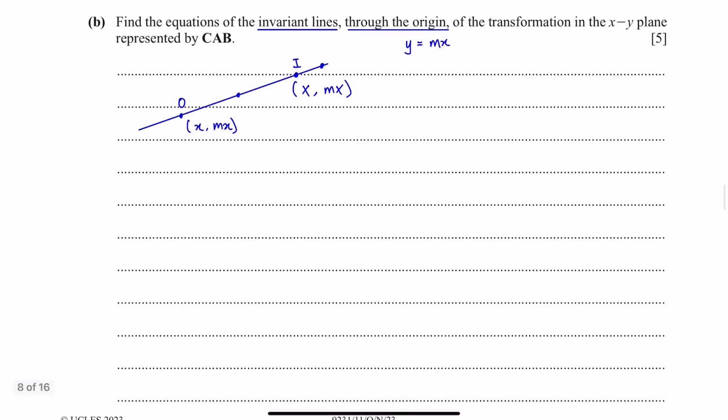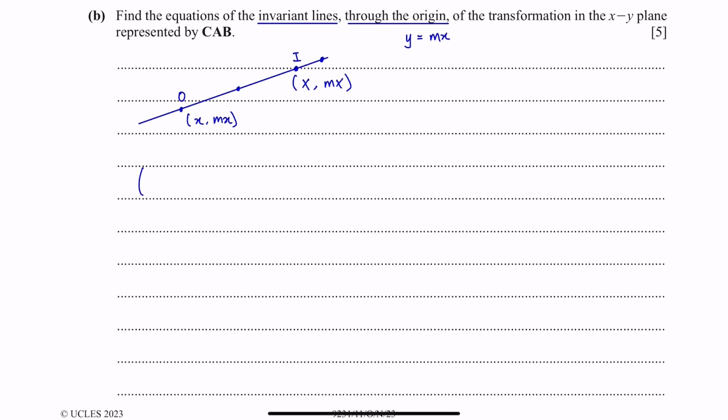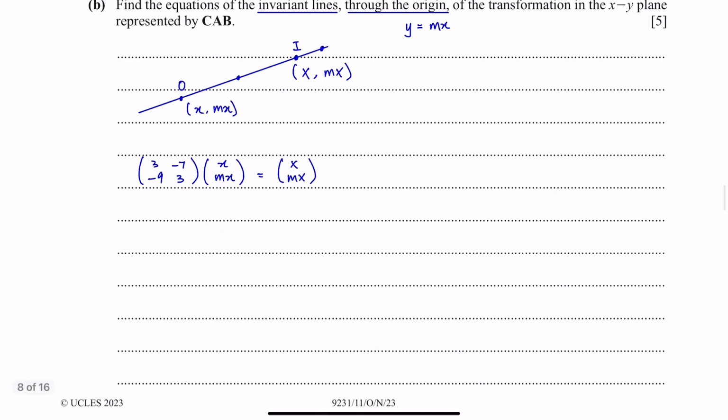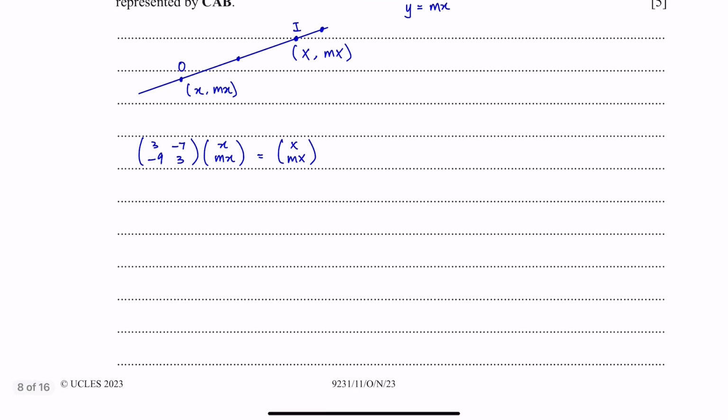So let's start. This is the transformation matrix, and we times the coordinates of the object to get the image. So for now, I just need to multiply it in this way to get x.